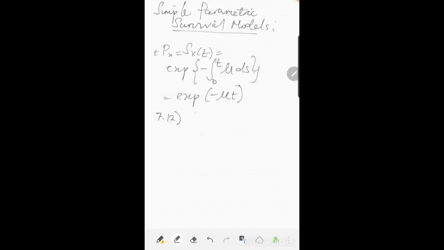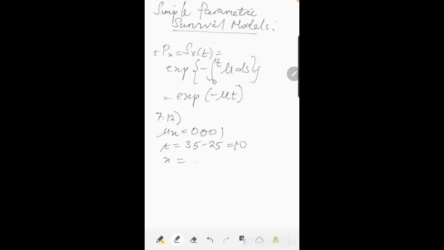So in our question, mu x takes a constant value of 0.001 between ages 25 and 35. So what's the question saying? The time frame is 35 minus 25, which is 10.